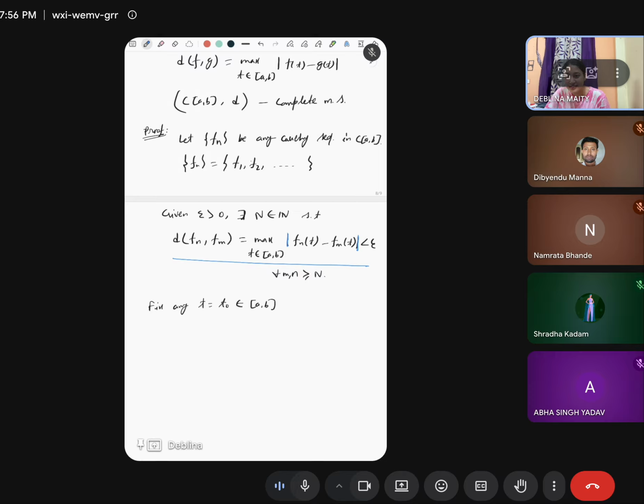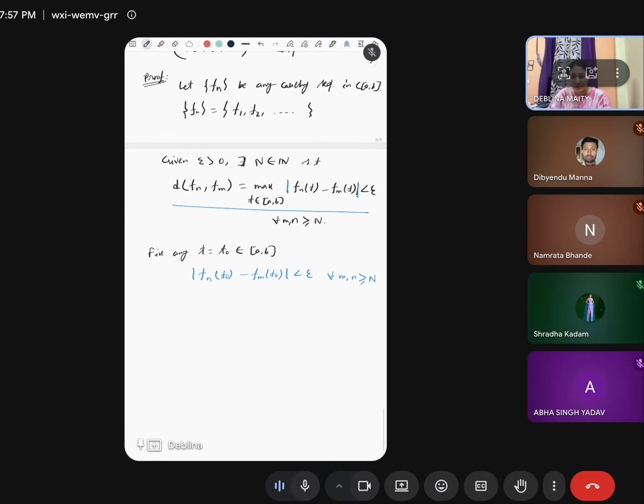So now we have fixed t naught. For this t naught also, this implies |fn(t naught) minus fm(t naught)| is less than epsilon for all n, m greater than or equal to N. I have fixed t, and this t naught can be an arbitrary point.